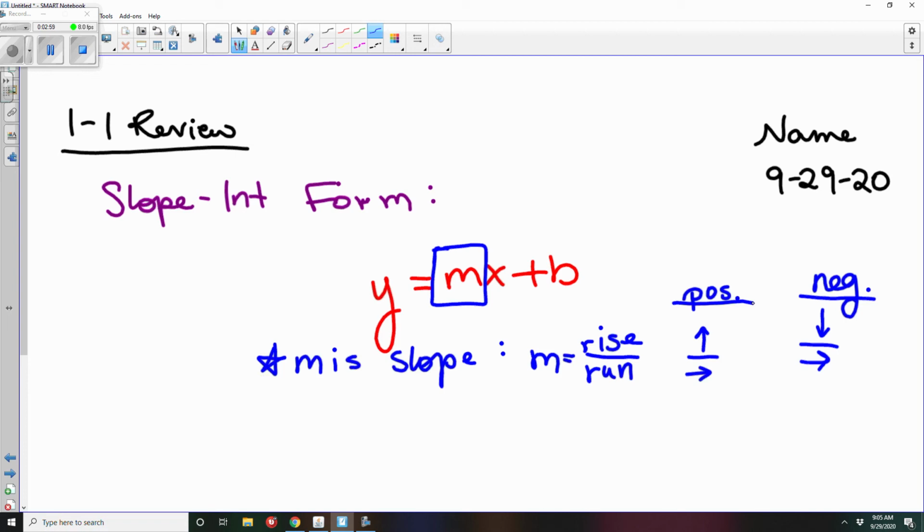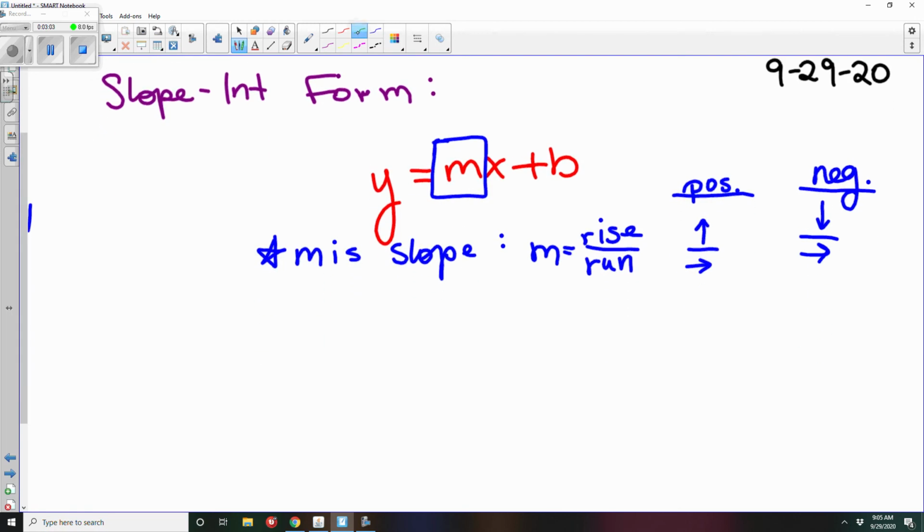Okay. Now, our next part, and most important guy, is our b. And b is the y-intercept. So b is our y-intercept. And as far as it goes, I always like to do this visual. You don't have to write it out with me.